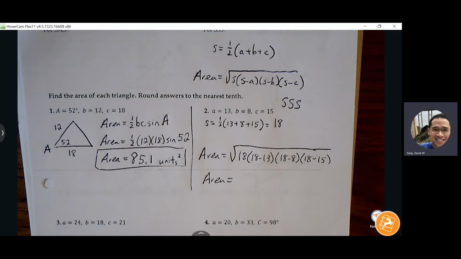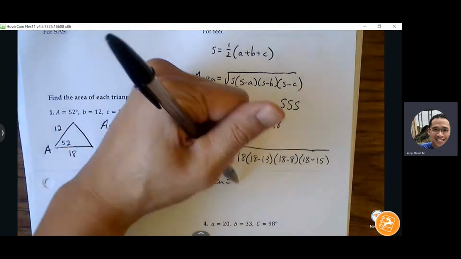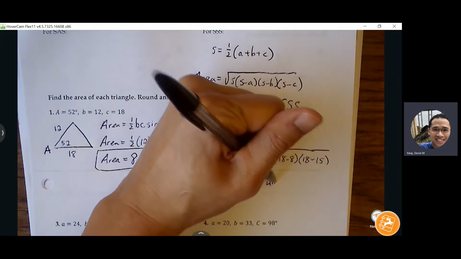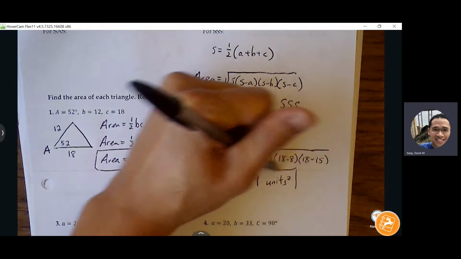Okay, what did you guys get for area? Yeah, you can either round to 52. I'm going to say 51.9, but yeah, either is fine. You round to the nearest 10th. That's good.